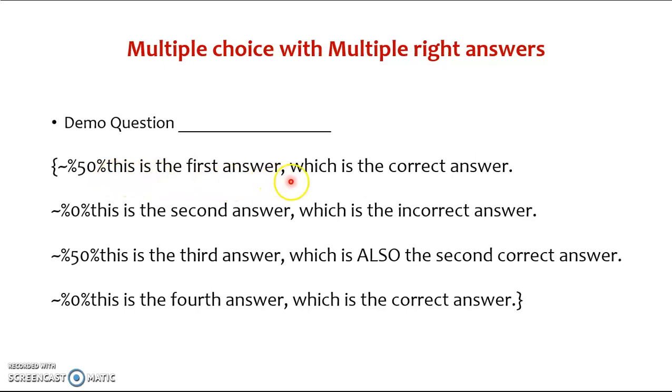Then your next option, followed by the second option using tilde, percentage, 0, percentage. So this is a wrong option, so its weightage is 0. Likewise, once you have done the settings, you have to close it by using curly brackets.